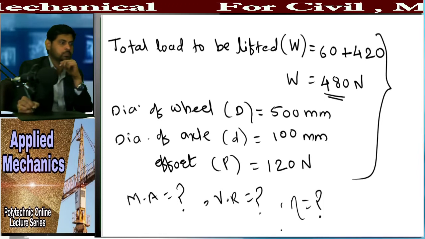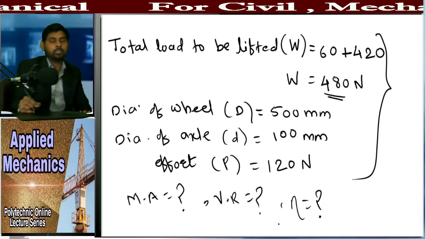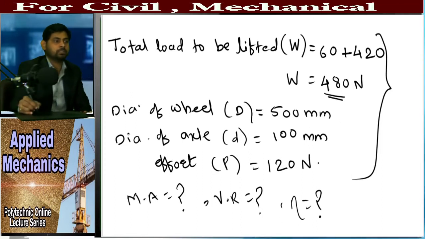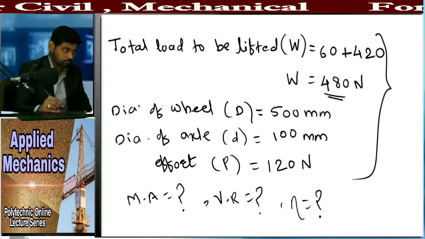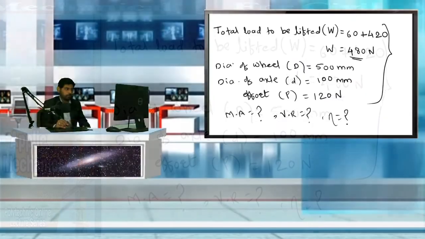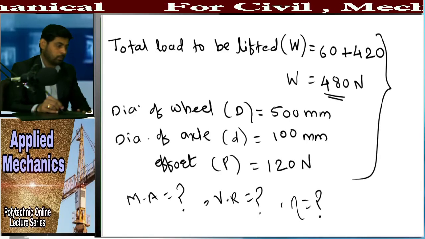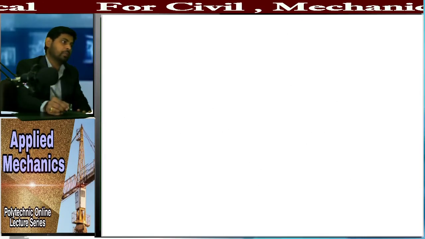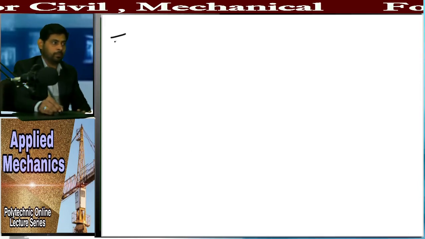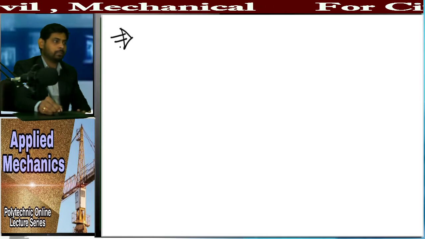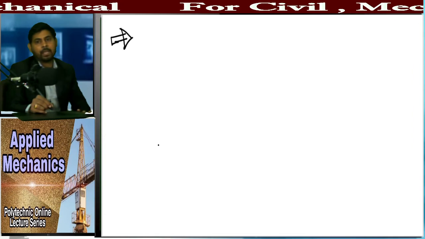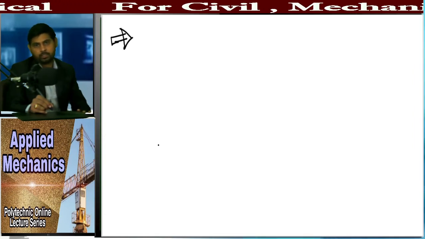So we have to find these three terms in this problem. By using this given data, you have to solve the problem. So how can we solve it? Once we get the given data, you have already solved 50% of the problem. The remaining 50% is by applying your formulas to it, right?